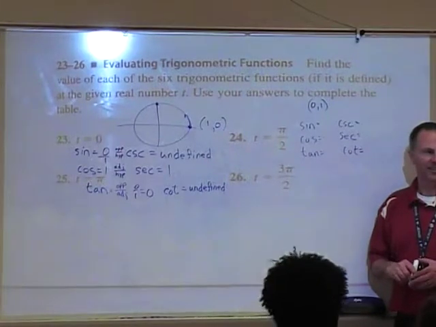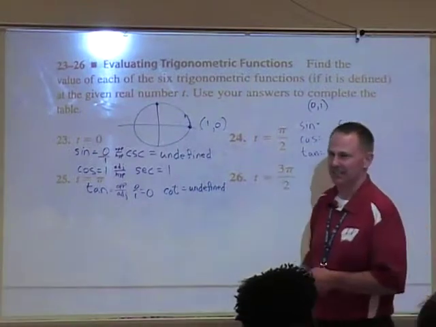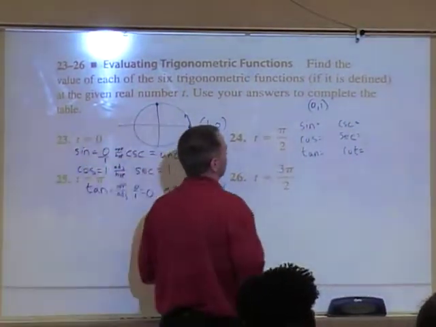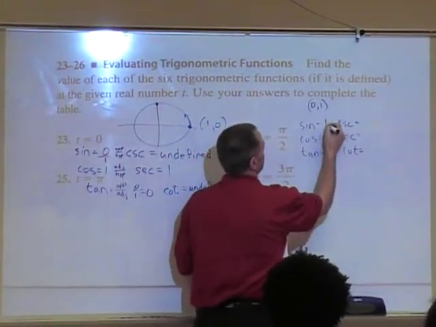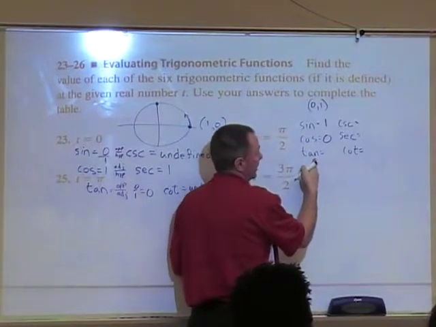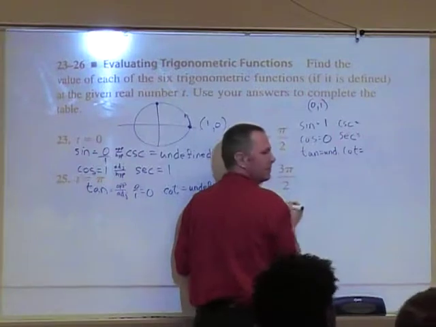Done, right? No, hold on. Alright, I'll do the easy ones. Y value is 1, cosine is 0. Tangent is y over x, 1 over 0, or undefined. Okay?